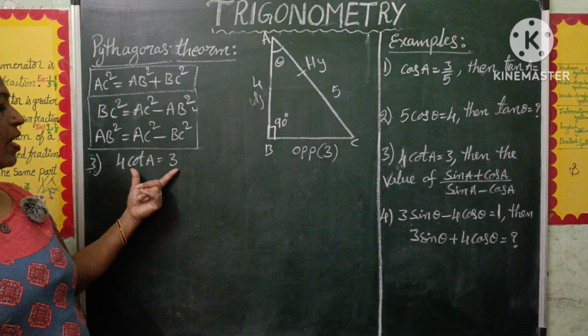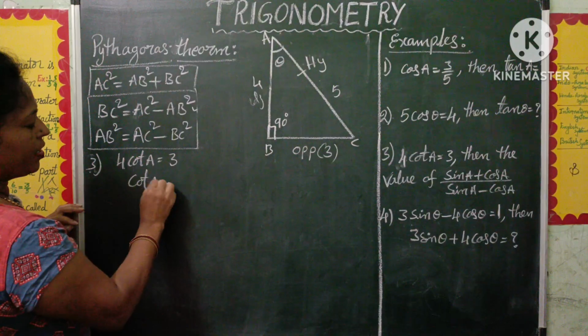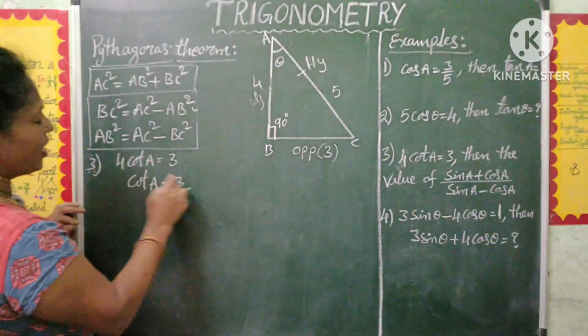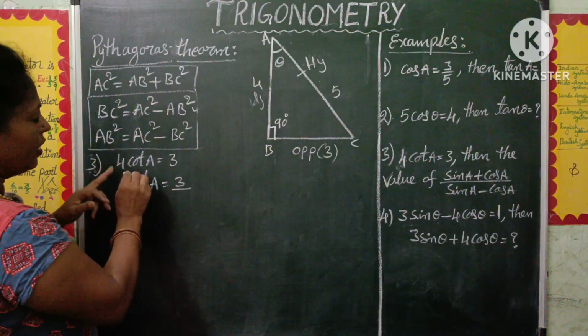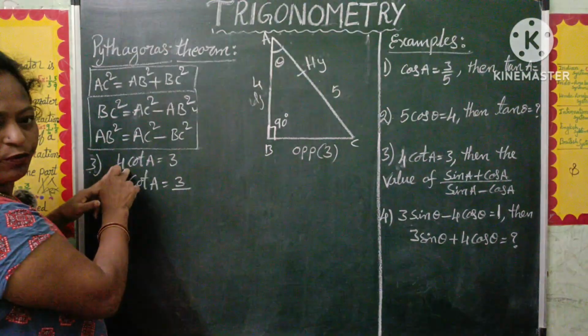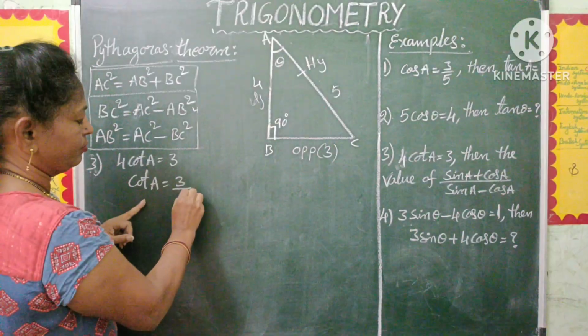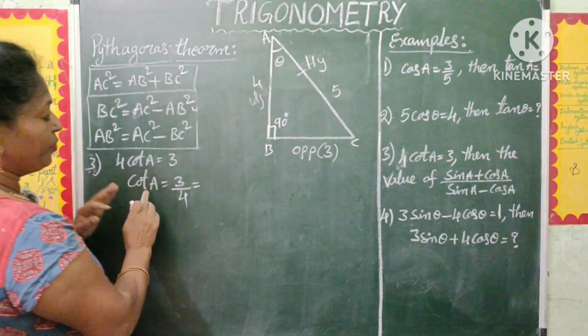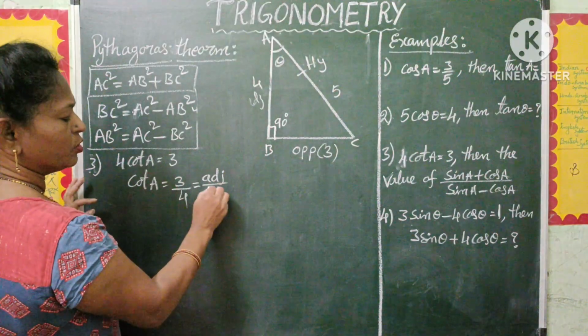We have to form the ratio. So cot A equal to 3 by 4, we transpose 4 from left to right. It is into 4, so the into position becomes by. Now write the ratio. Cot ratio is adjacent by opposite.